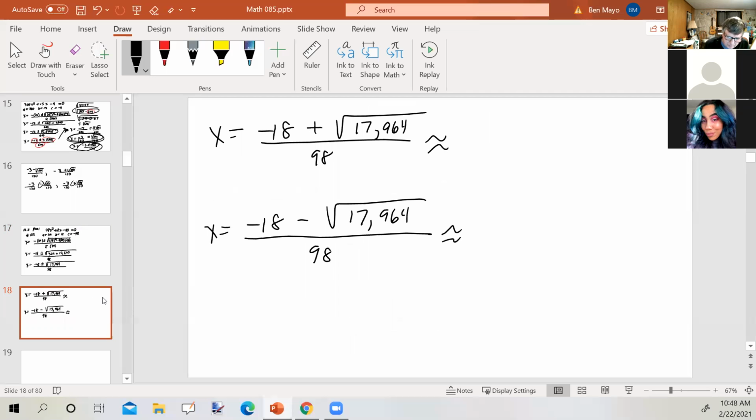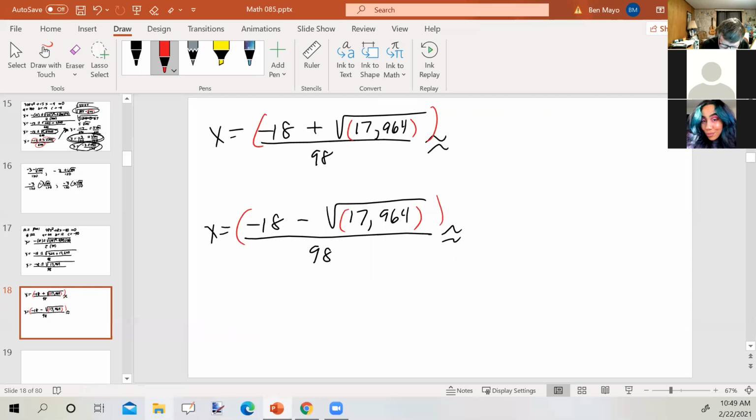All right, now I need parentheses around the whole numerator and around the radicand. So I'm going to go parentheses, negative 18 plus the square root, parentheses 17,964, close parentheses, close the entire numerator in parentheses, divided by 98.